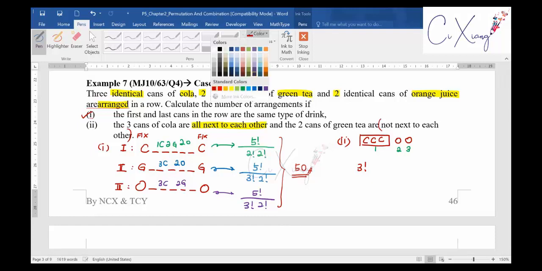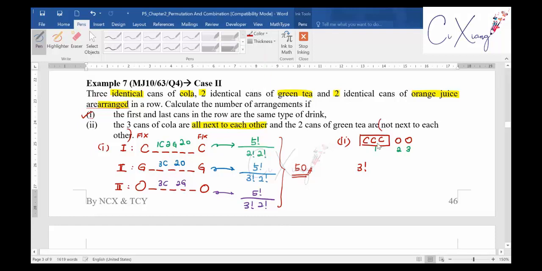Okay, then just like I told you, you should consider the arrangement of the cola in the group. Clear or not? Okay, so we want to arrange these 3 cans of cola. What do we have? You are having 3 factorial. But these three colas, they are identical. Because they're identical, when you want to arrange it, you also need to divide it by 3 factorial, the repeated case.